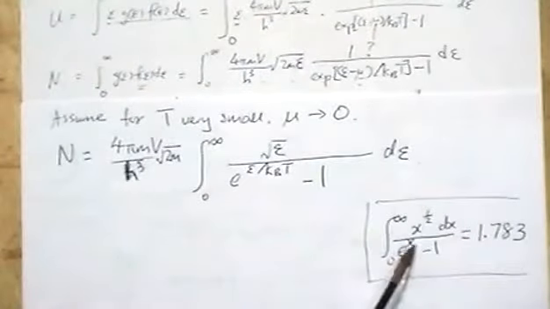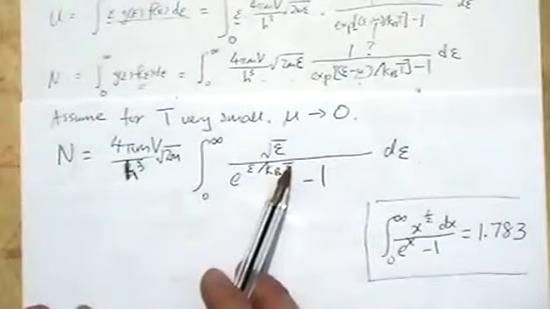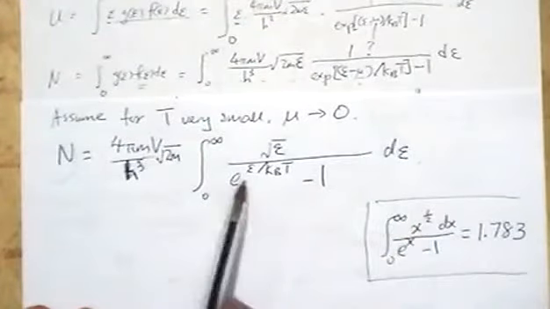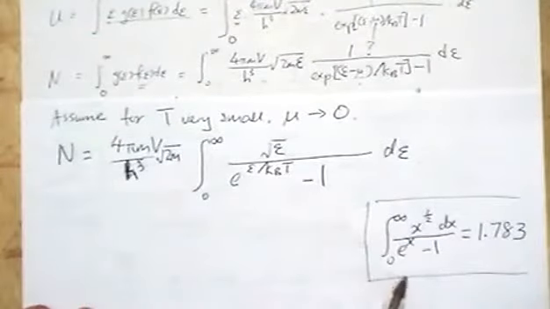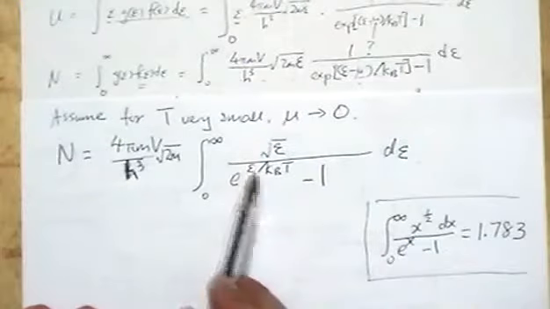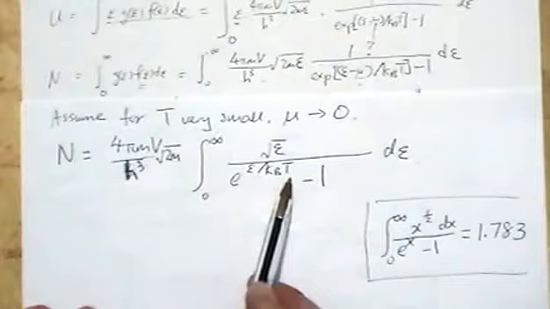So we have a number for this. Now we can make use of this if we compare the two and notice the similarities. We have a square root of E there, we have a square root of x there, we have e to the power of this thing, and we have e to the power of x. So the obvious thing to do would be to make the substitution that x is equal to E over kB T.